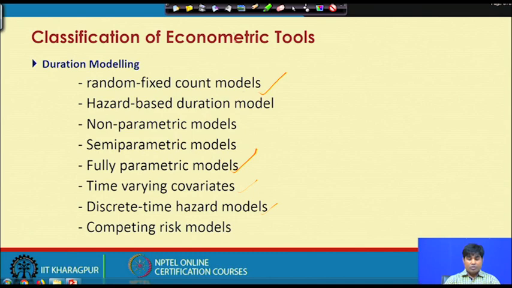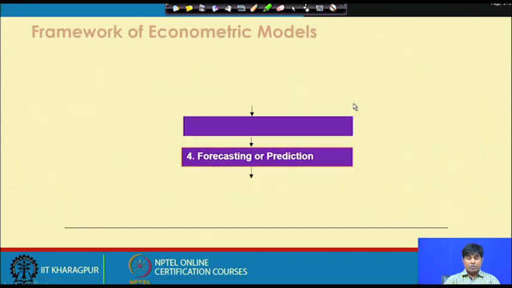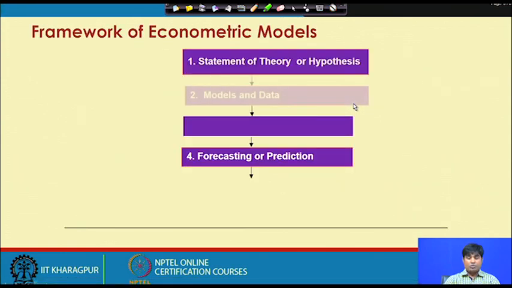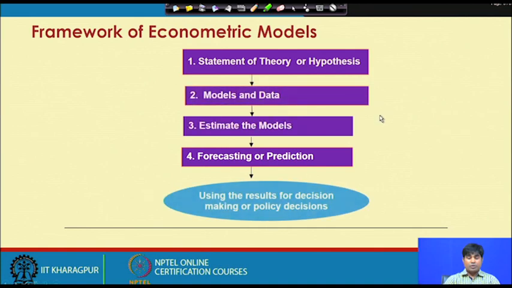And likewise we have altogether different structures through which you can solve some of the problems as per the particular engineering requirement. So, let us start with the framework of the econometric model. So far as the framework is concerned, we start with something called theory.